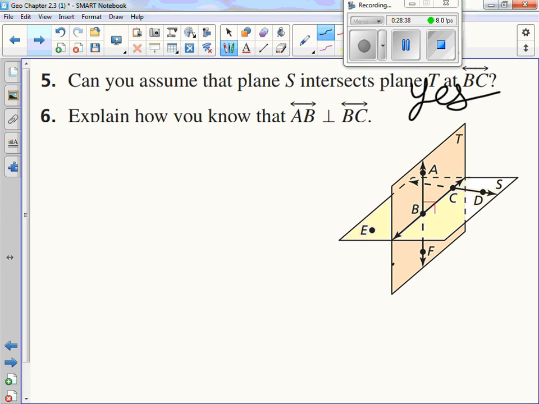Explain how you know that AB and BC are perpendicular. Right, it's saying AB is perpendicular to this plane, yes?